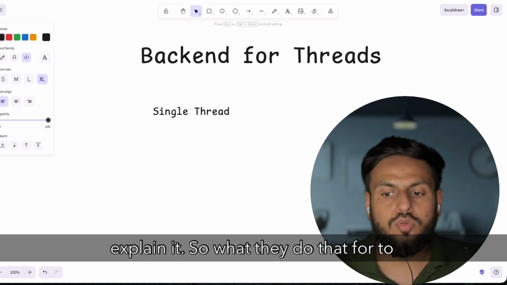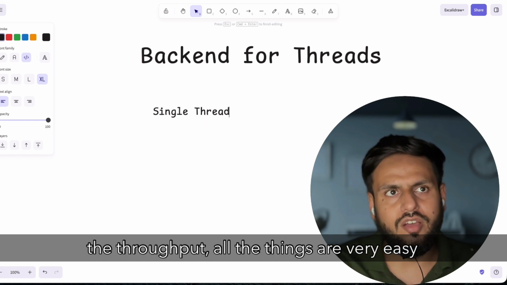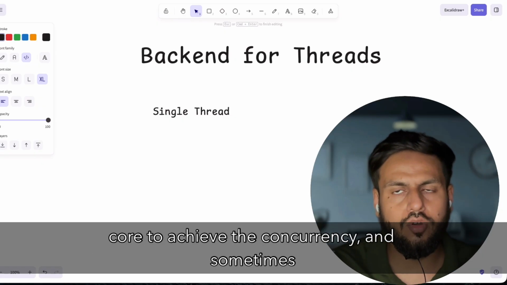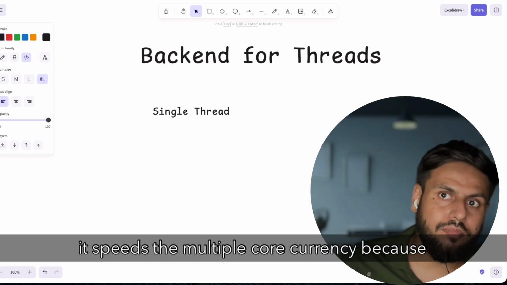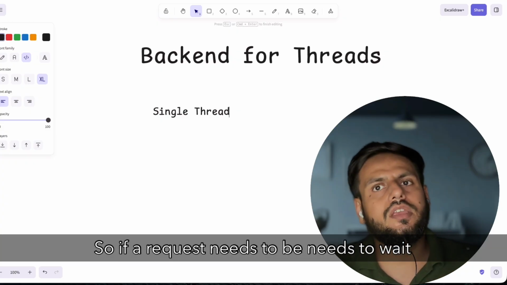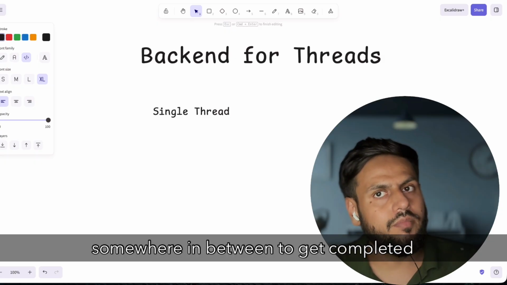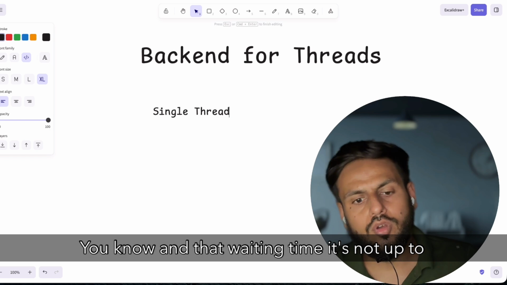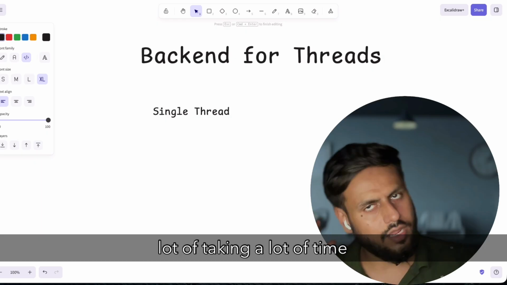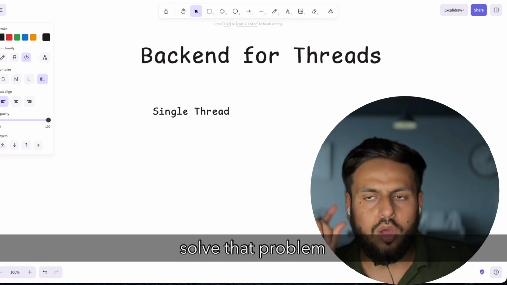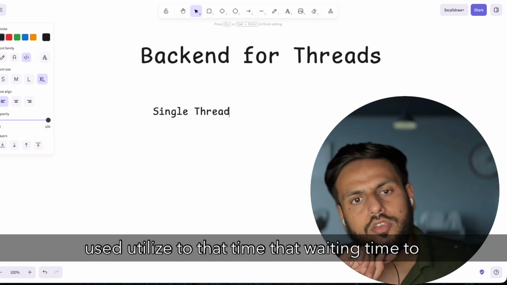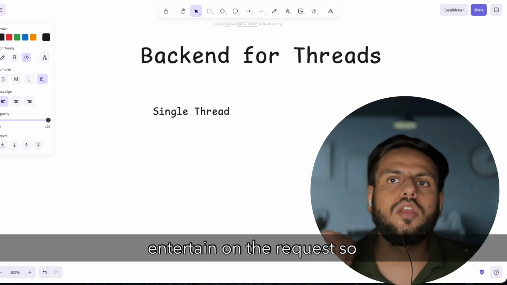To increase the throughput, all of this is easy to explain for a single core, but it can be applied to multi-core. For a single core to achieve concurrency, and sometimes it beats multi-core concurrency depending on the type of request: if a request needs to wait somewhere in between to get completed, and that waiting time is not up to the server, or it takes a lot of time, then if we solve that problem, we can utilize that waiting time to entertain another request.